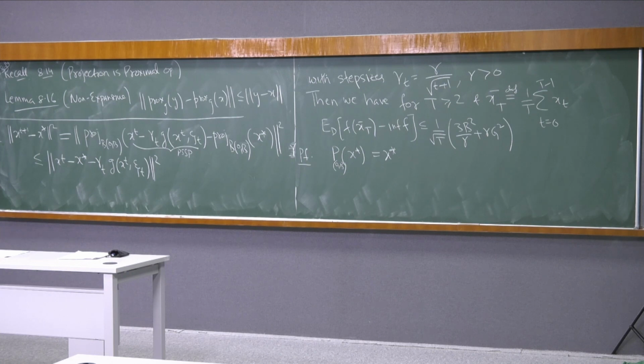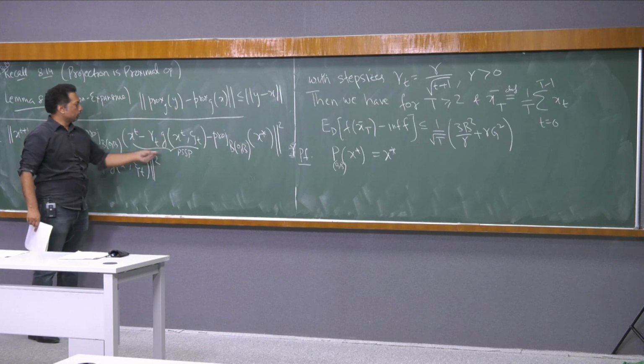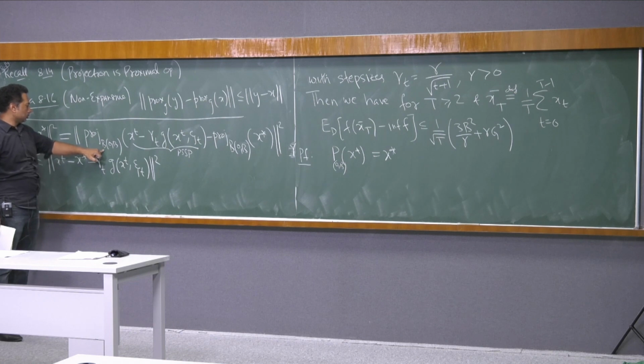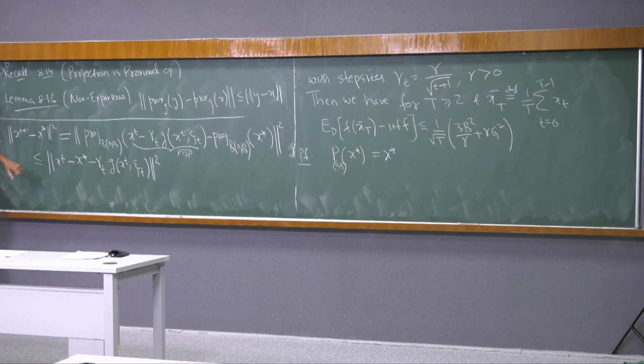I hope I'm not missing anything. I think I'm okay. The PSSD algorithm ensures that the new iterate that I compute will be in the ball 0b. If it's already in the ball 0b, then the projection of that will be the same thing. That's the first point of the projection operator. And my x star was already within the ball, so that's already there.